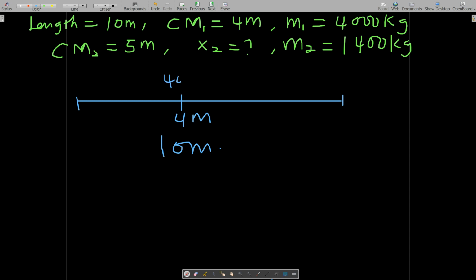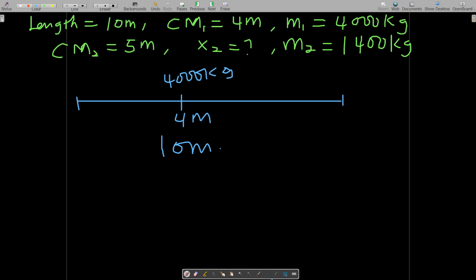So the 4,000 kilogram mass was here. Center of mass position is simply the point where the mass of the system will be at equilibrium. So this is the first condition that was given.